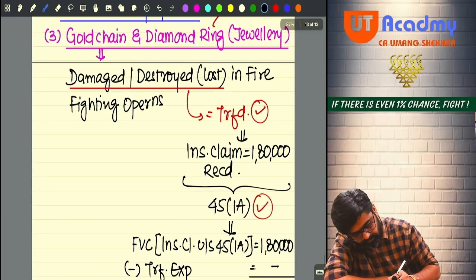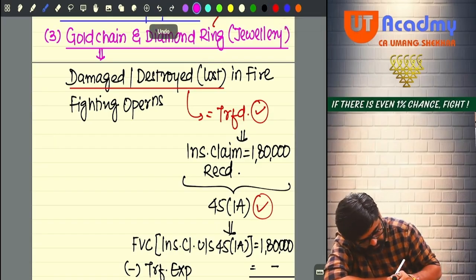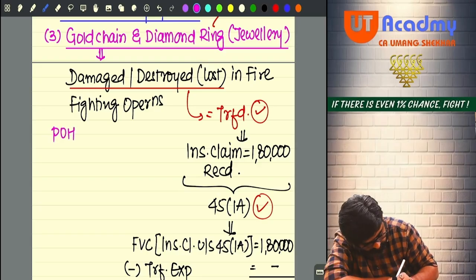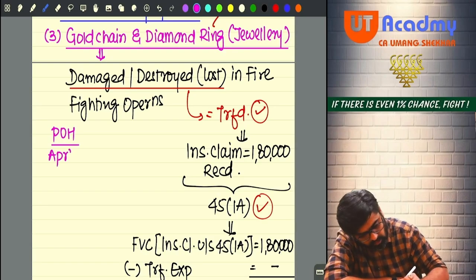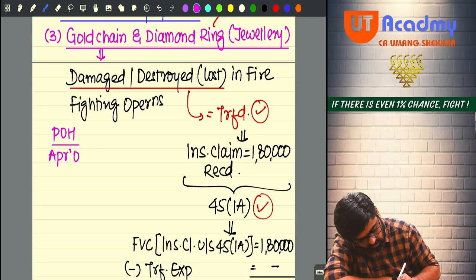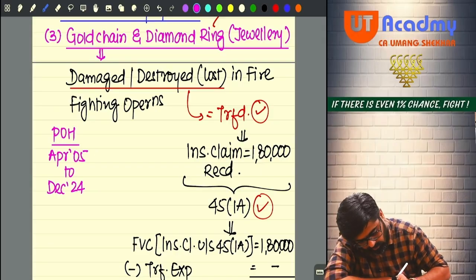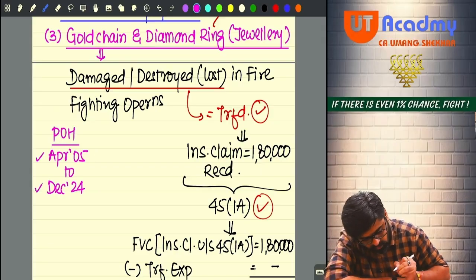So the jewelry, the period of holding of the jewelry I will take now. Period of holding will be from April 2005 to December 2024. So it was acquired and it was lost.